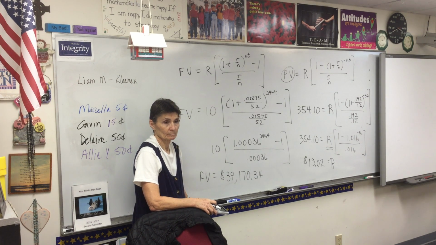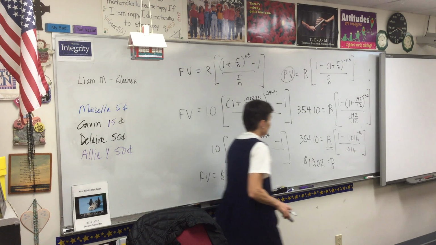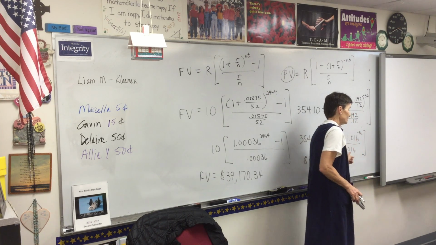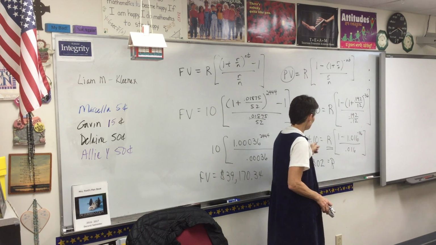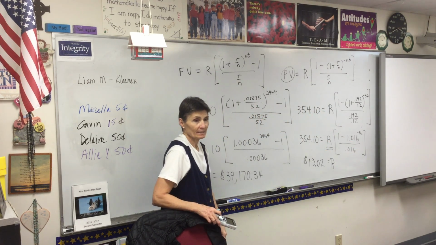So we take this big bracket value that we got, and we do 354.10 divided by that number. So divided by second answer.